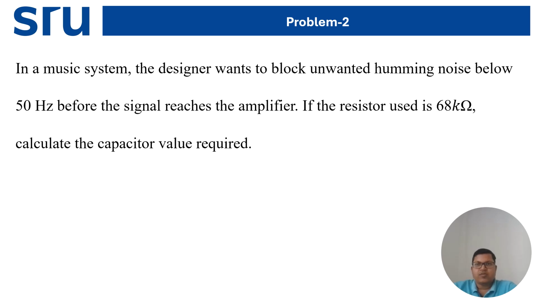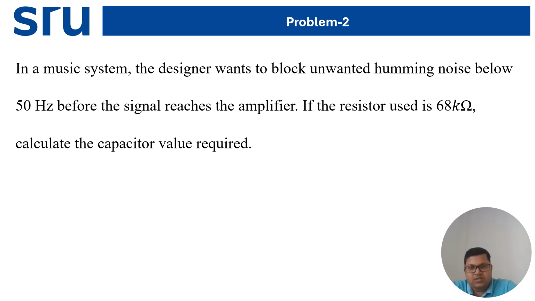So problem 2, the problem statement is like this. In a music system, the designer wants to block unwanted humming noise below 50 Hz before the signal reaches the amplifier. Here, if the resistor used is 68 kilo ohm, then we need to calculate the capacitor value required.